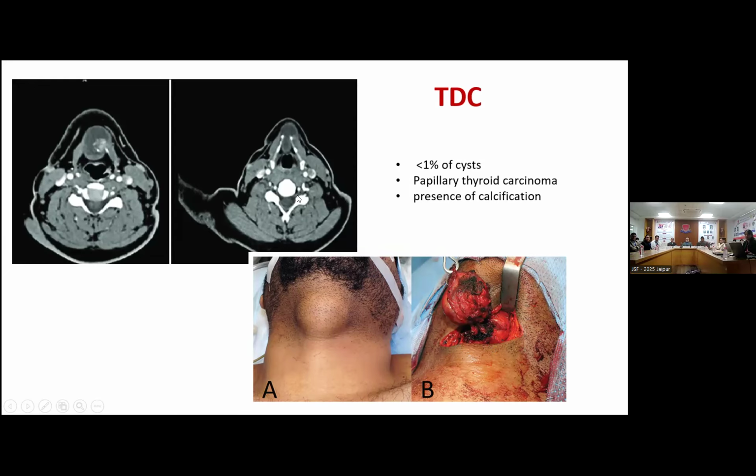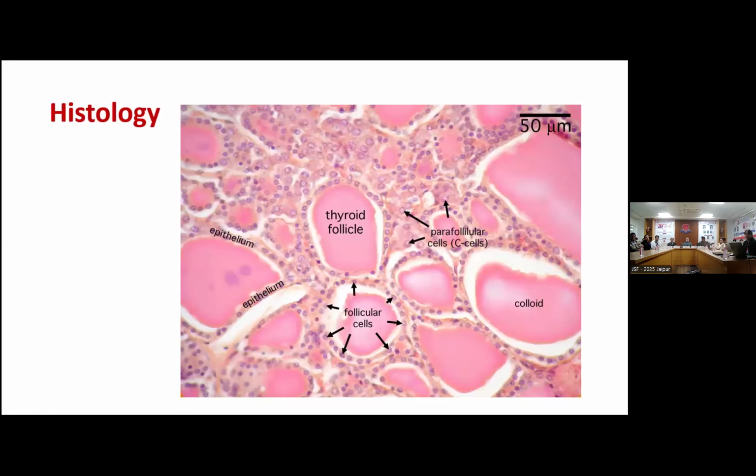You may suspect it by a sudden increase in the size of the cyst, or in imaging, there may be some sort of solid mass within the cyst area with calcification, because we know that papillary carcinoma of thyroid manifests as presence of calcification in the imaging. The treatment will be excision, the classical Sistrunk surgery, along with removal of the normal thyroid also, plus or minus central lymph node dissection, and if needed, radioiodine treatment.